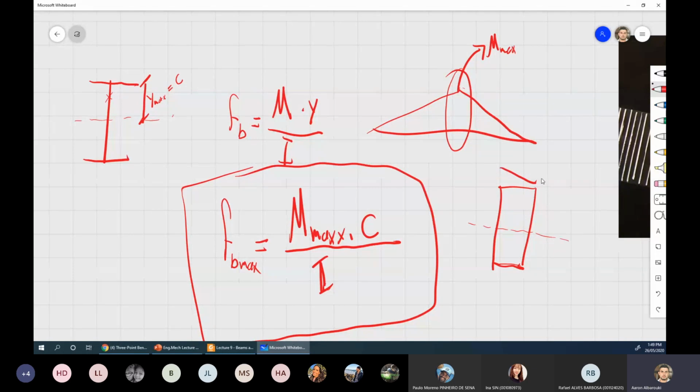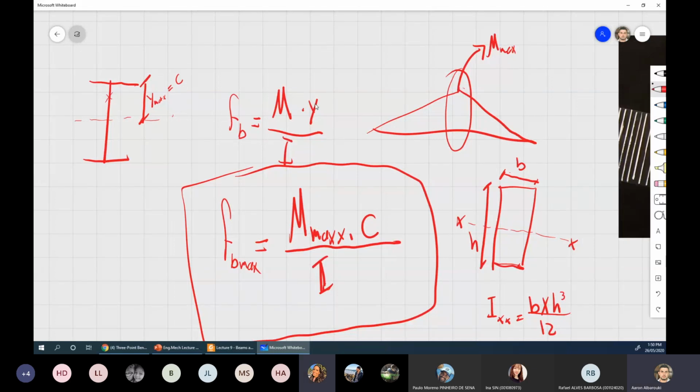B is the measurement parallel to the axis. So if this is XX and I'm trying to find IXX, B is the value parallel to the XX. That means B, H cubed on 12. H is the value perpendicular to the axis, and cubed on 12. That's for a rectangular shape.